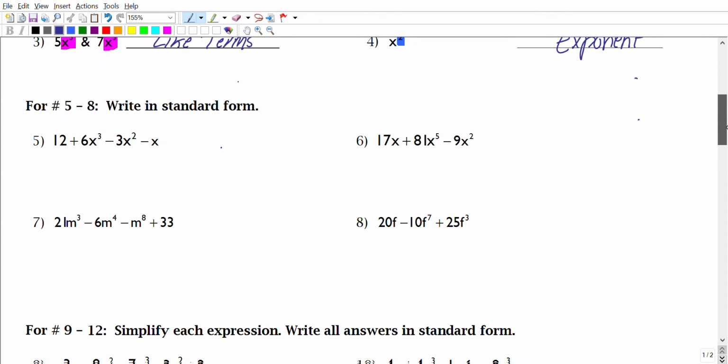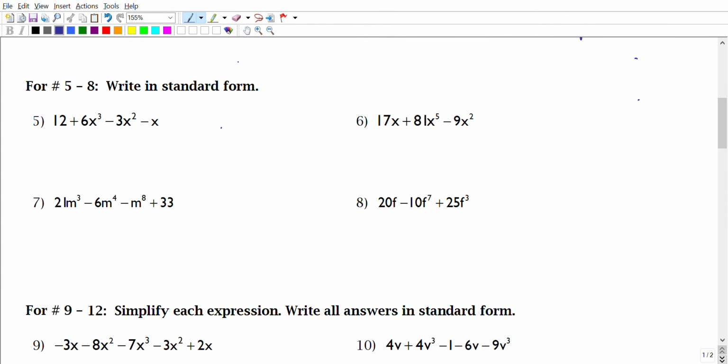With that in mind, we're going to continue with what we learned yesterday in terms of standard form. Just to recap, all standard form means is, let me rewrite it another way: terms from highest exponent to lowest exponent.